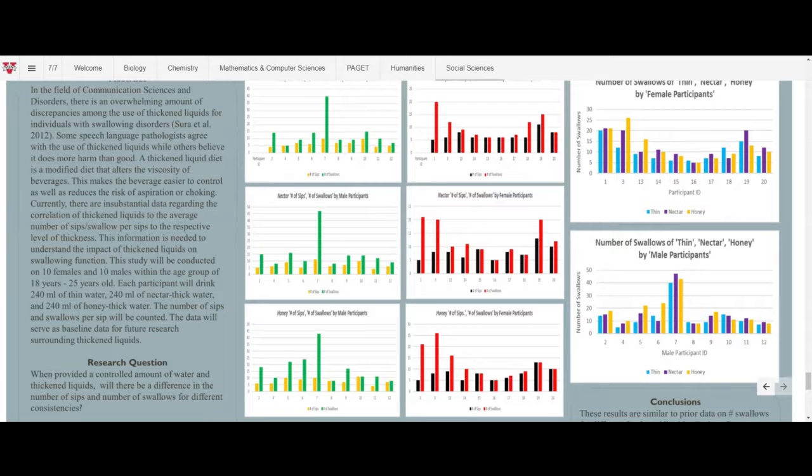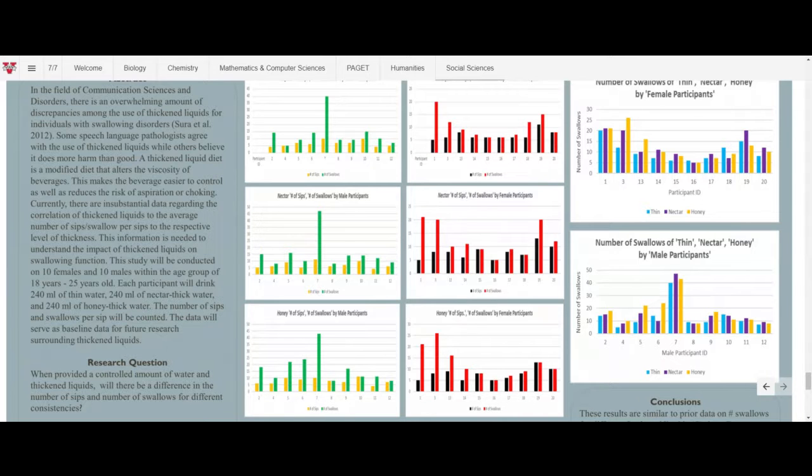And so all of our data that you see here is the amount of sips that they took of each thickened liquid and the plain thin water, and the number of swallows within each sip that they had. It's really just an overview: we had 10 male participants and 10 female participants, like I said, between the ages of 18 and 25.